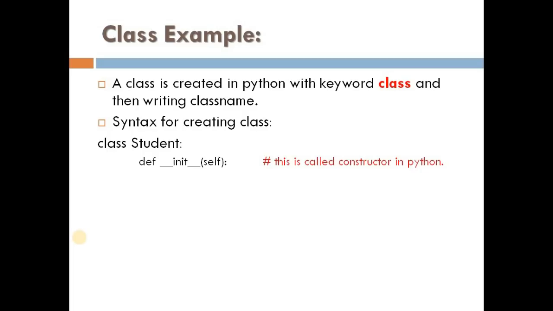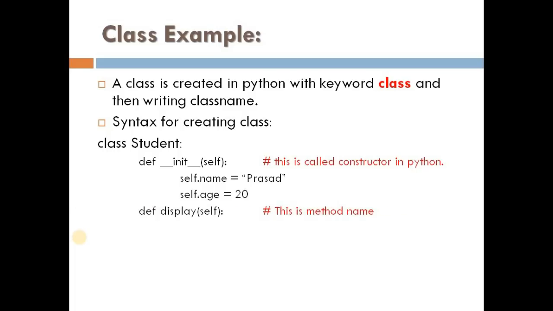This is also called a constructor, or a special method in Python. Inside the init method, we define the instance variables, self dot name, where we pass the name Prasad, and self dot age, another instance variable, where we pass the value 20.